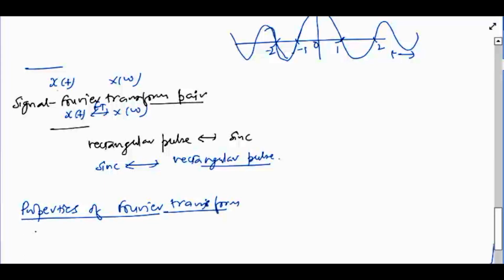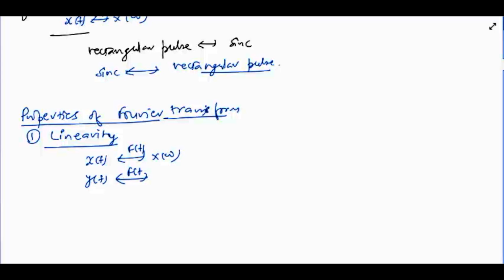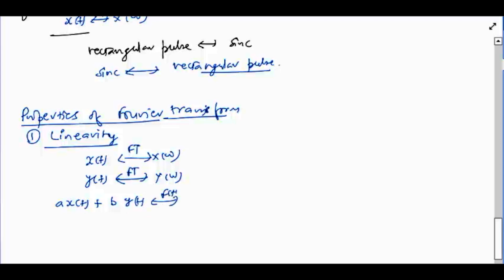So the first property is called linearity. This property says that if x(t) has Fourier transform X(omega) and y(t) has Fourier transform Y(omega), then a x(t) plus b y(t) will have Fourier transform a X(omega) plus b Y(omega).